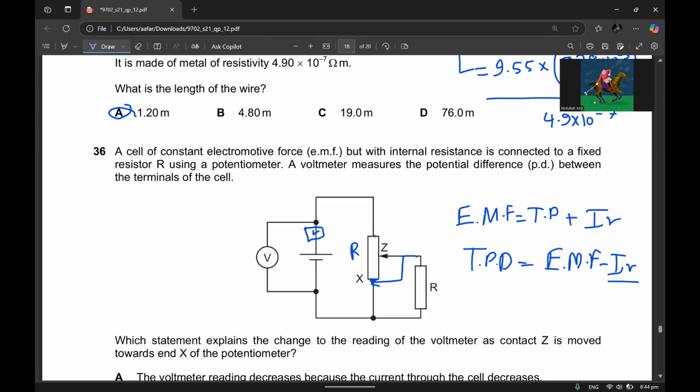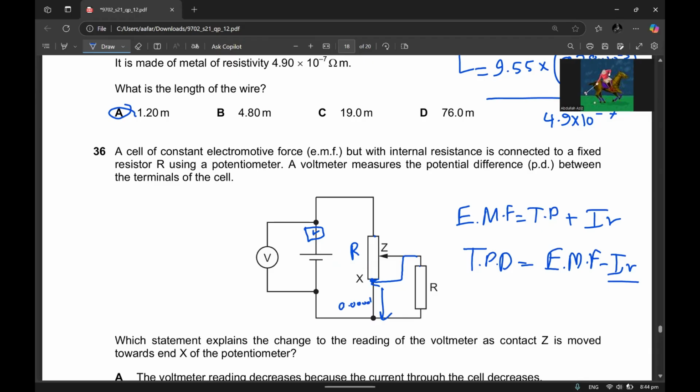It can either go through this path where there is resistance R, or it can go through this wire where there is an infinitely small resistance, let's say 0.00001. So of course current will take this path. That means the total resistance of the circuit will be R.